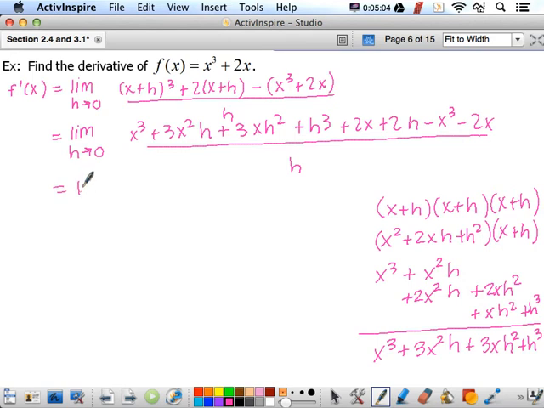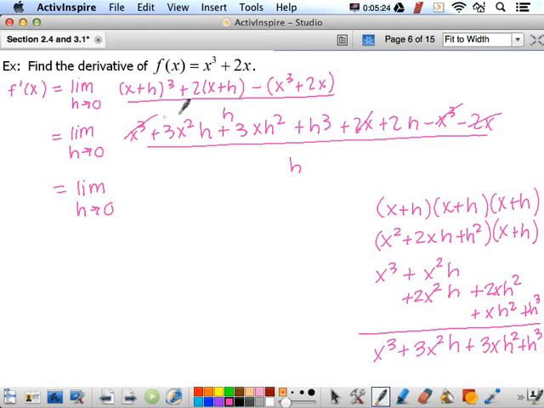Then we'll go through and clean up and cancel what we can. The x cubes should cancel. The 2x and the negative 2x should cancel. And it looks like everything else still has h's in it, right? Okay, so let's write down what we have here.